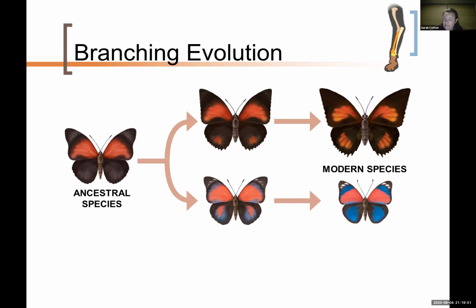On the other hand, there's also something called branching evolution. Branching evolution is when you have a species, and the population or populations of that species diverge over time and gradually accumulate differences, so that what you end up with is 2 or more different species.